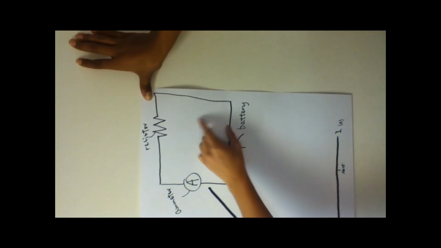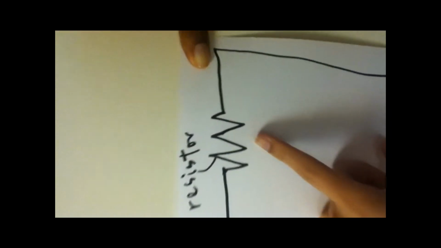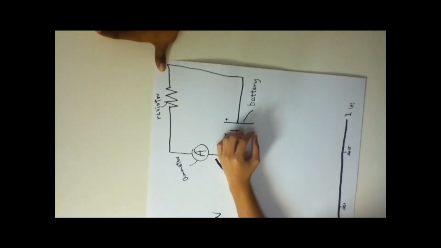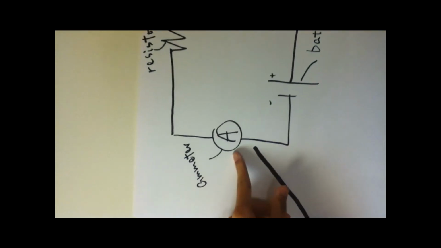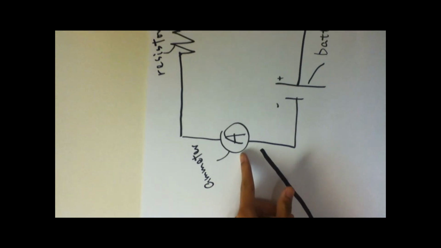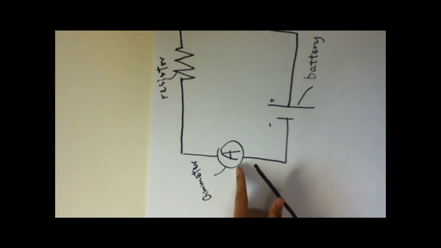And there's a resistor which slows down the movement of electrons. And there's an ammeter which we are using to measure current.